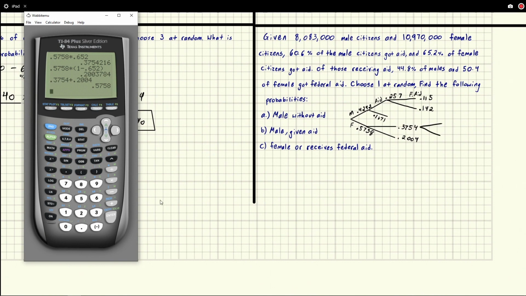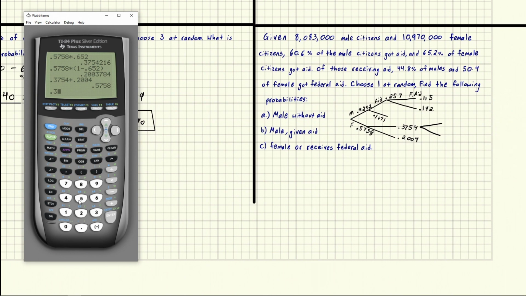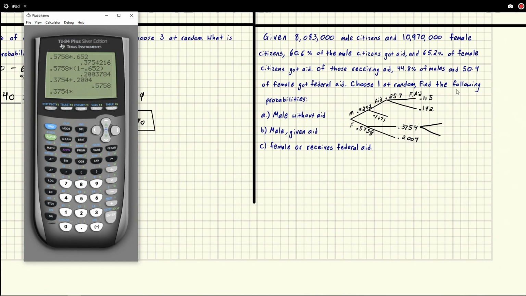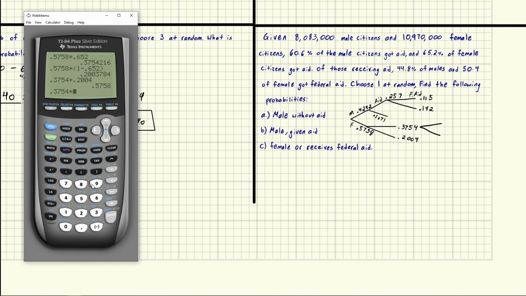So this is going to be 0.3754 times, and then where's the federal aid? 50.4. Whoops, this should be 0.5. Silly mistake there.